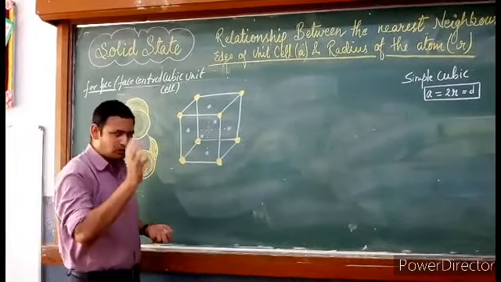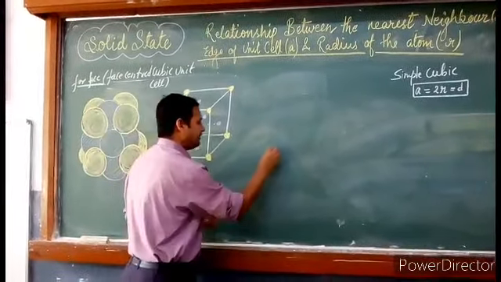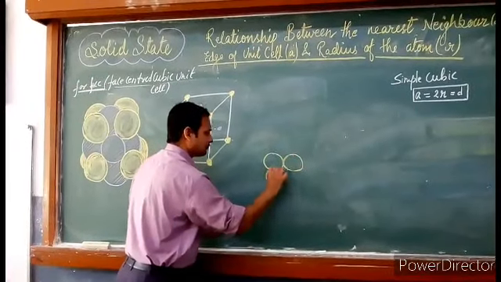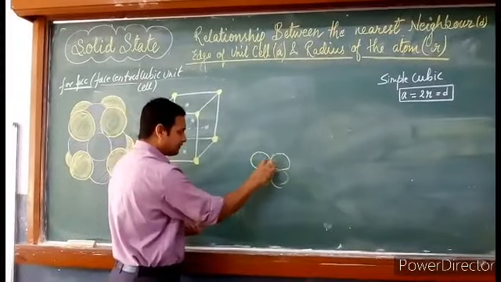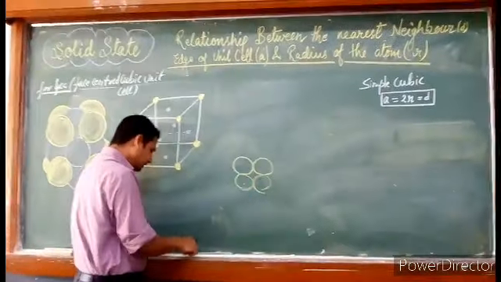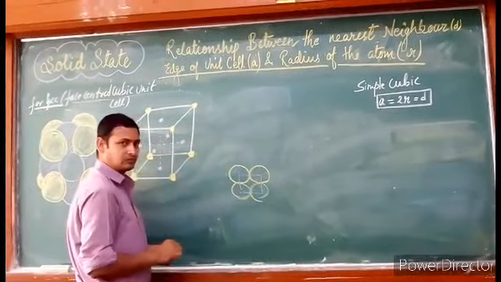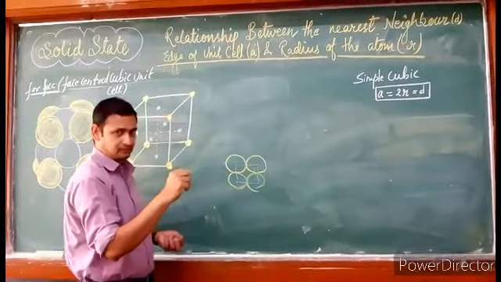Dear students, थोड़ा सा imagine करना है. Let's try to imagine. Suppose we are having 4 atoms attached to each other, and this represents one face.